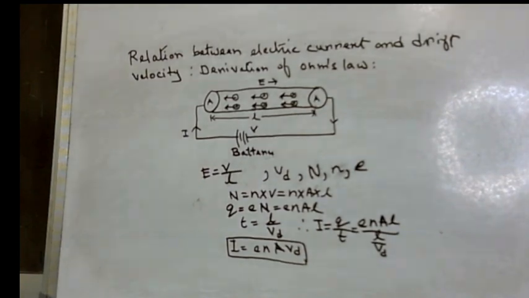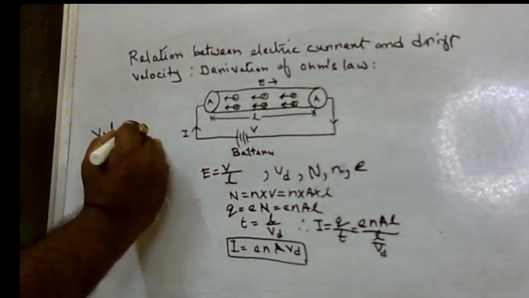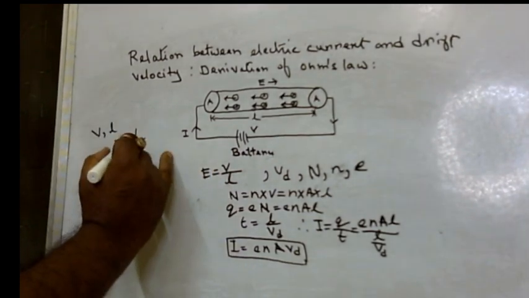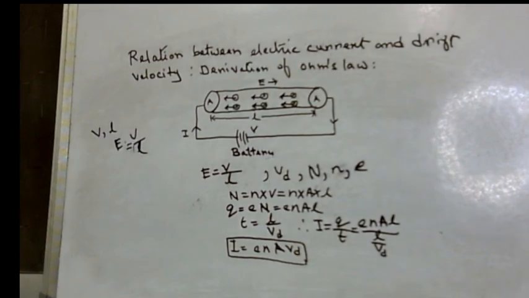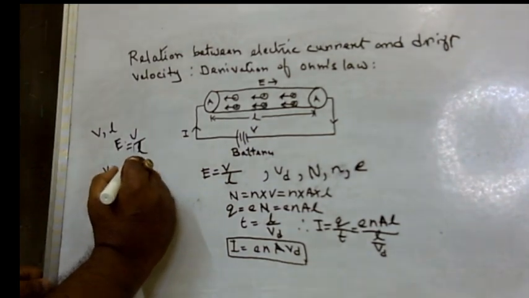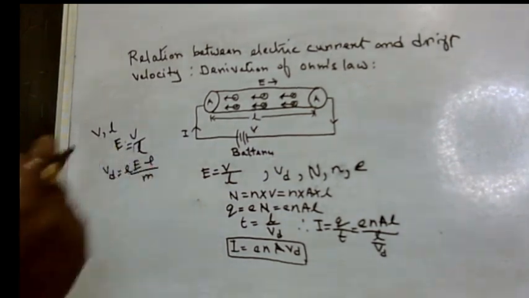So when a potential difference V is applied across a conductor of length L, the electric field E is equal to V by L. And the expression for the drift velocity, we know, is e E relaxation time by m.